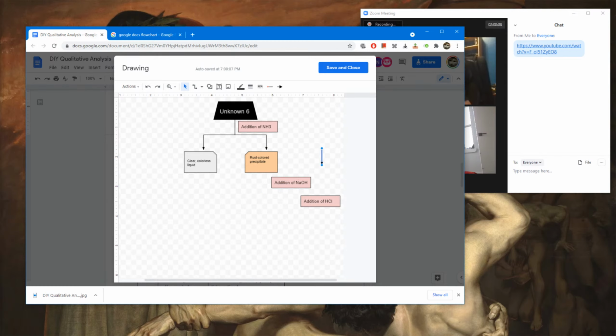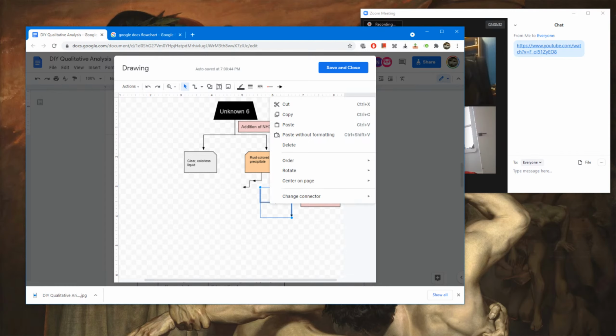All right, so I found which cations it was. There's 2 that were found in there. That would make sense. All right, so I'm going to move on to the 6 volt.